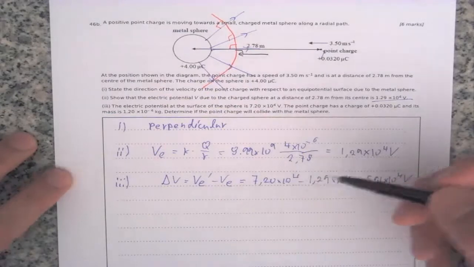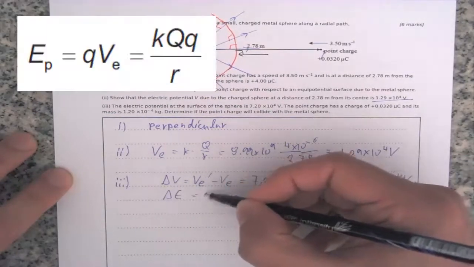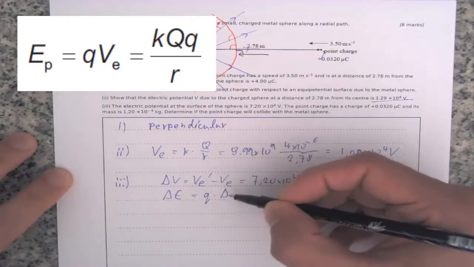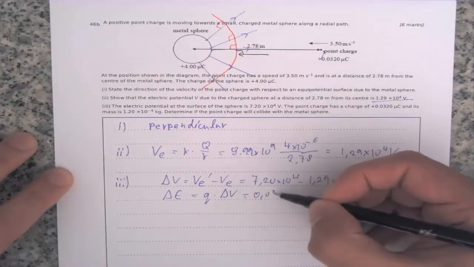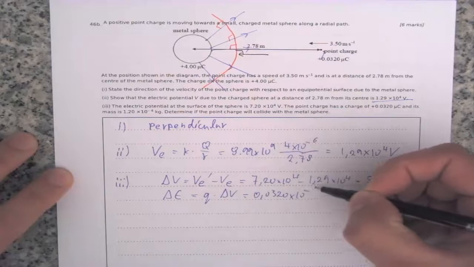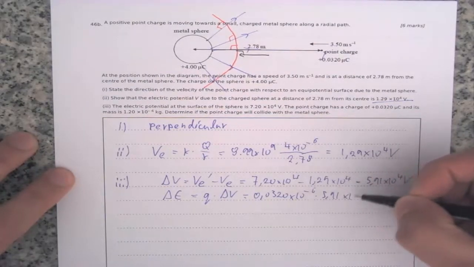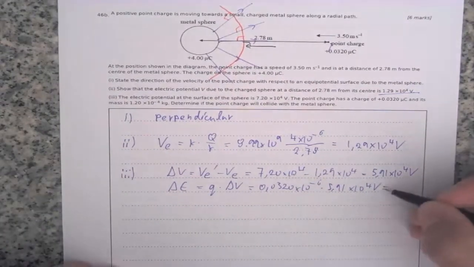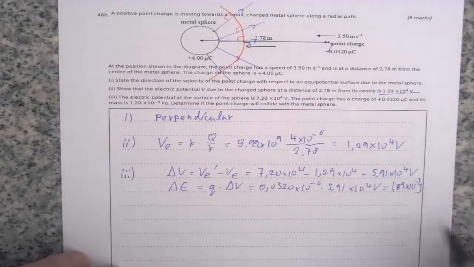This loss in energy, let's call it delta E, is the value of charge Q times the difference in potential. So from here, what do you have? 0.0320 times 10 to the power of negative 6 coulombs times 5.91 times 10 to the power of 4 volts. So now you find this loss in energy is equal to 1.89 times 10 to the power of negative 3 joules, if you do the math.